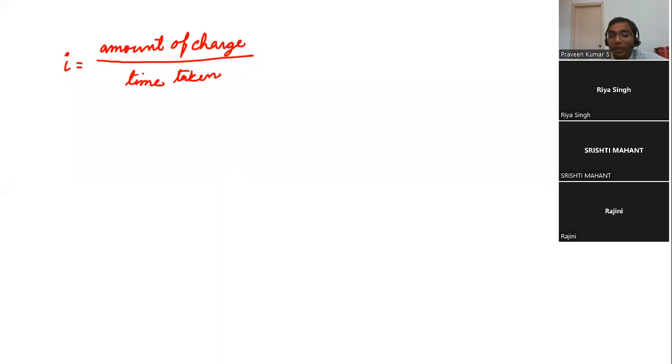The unit of current is actually ampere. The unit of charge is coulomb. What is the unit of time? Second. So the unit of current, 1 ampere, is equal to 1 coulomb per second.